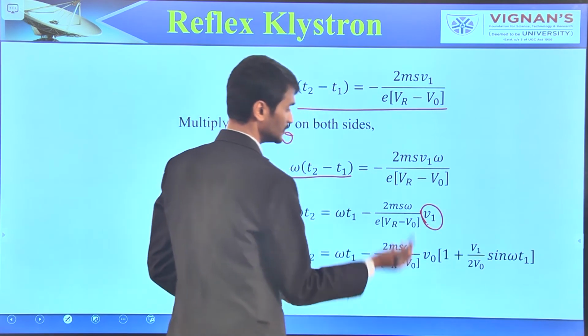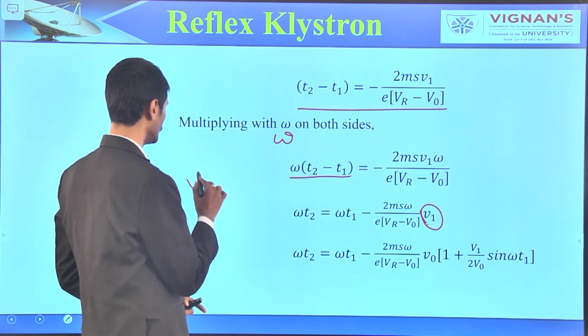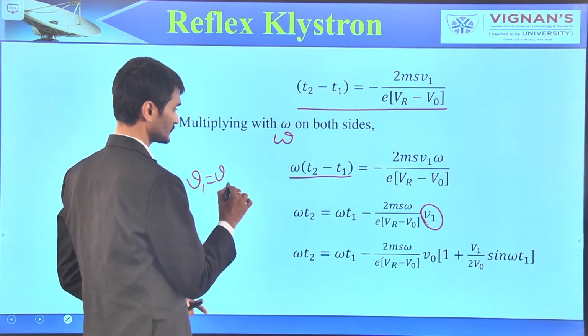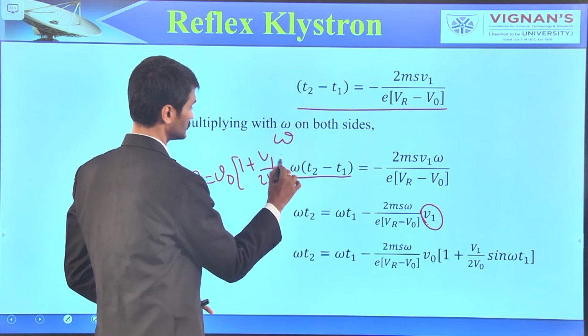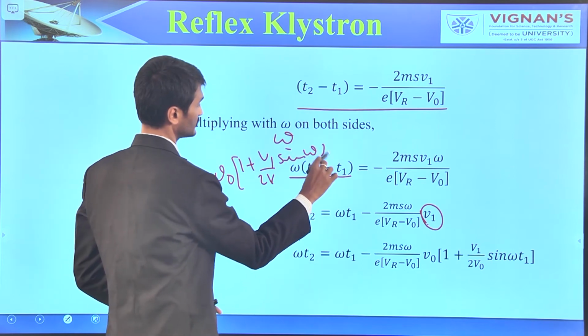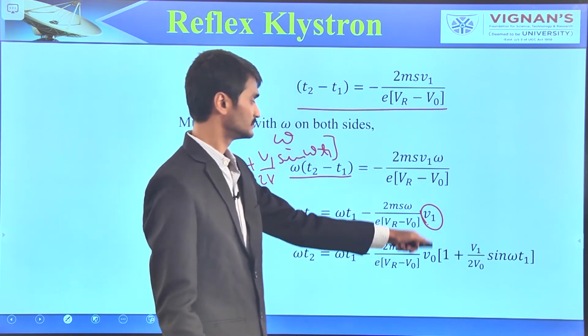What is V1? Earlier we calculated V1 is equal to V0 into (1 plus V1 by 2 V0 sin omega T1), and I have substituted this.